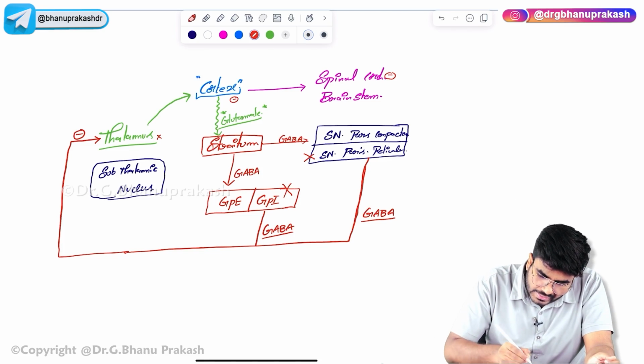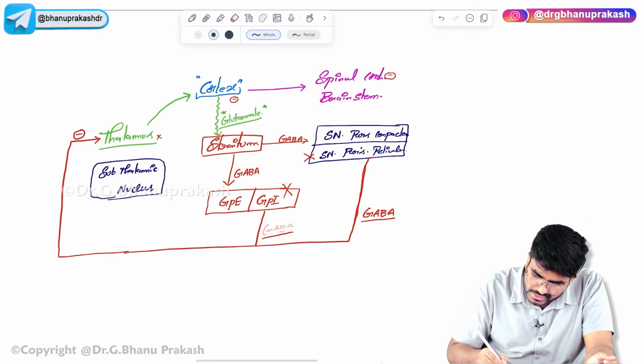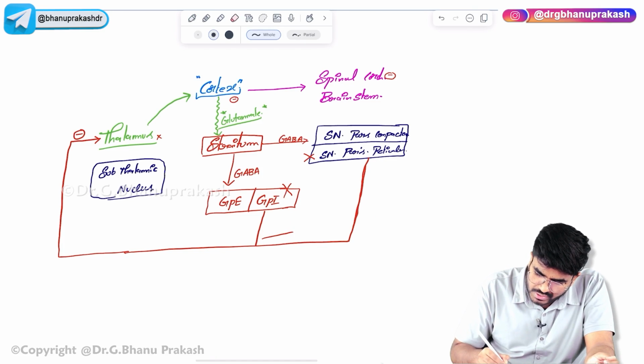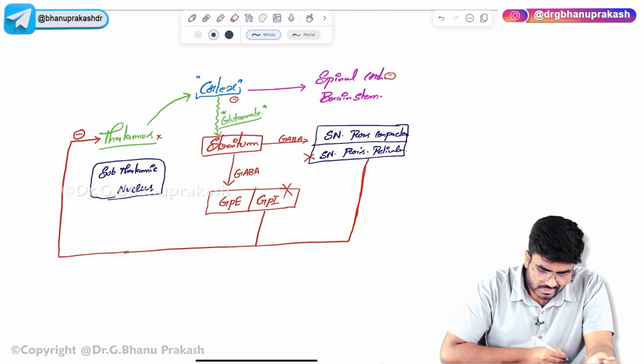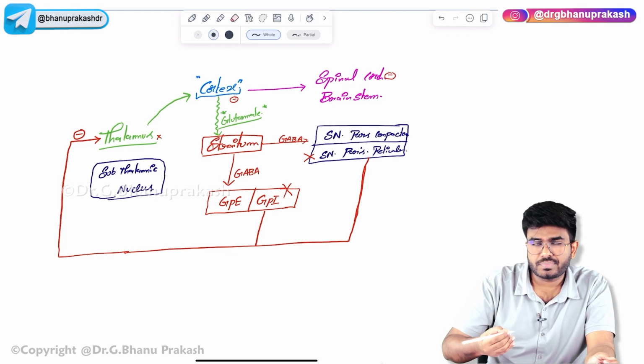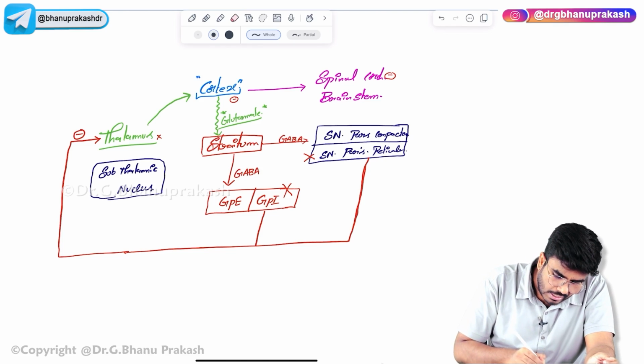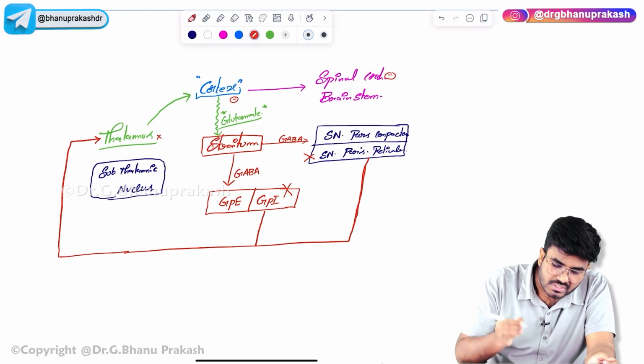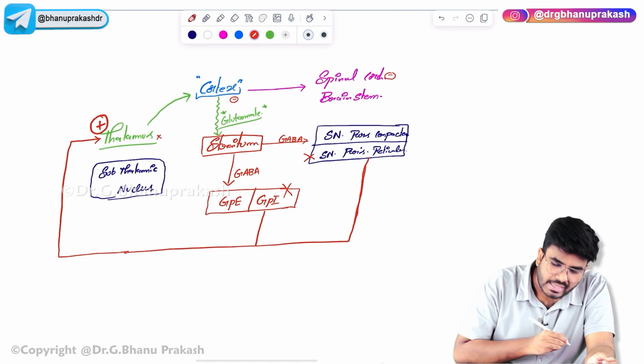Whenever they are inhibited, GABA is not going to be released from these structures. Whenever GABA is not getting released, what happens to the thalamus? Now the thalamus is not inhibited, it is getting activated.